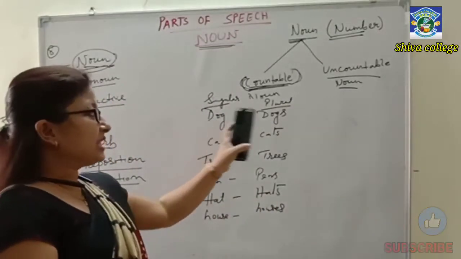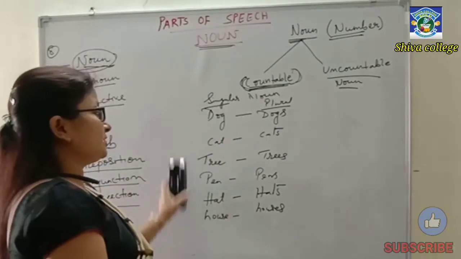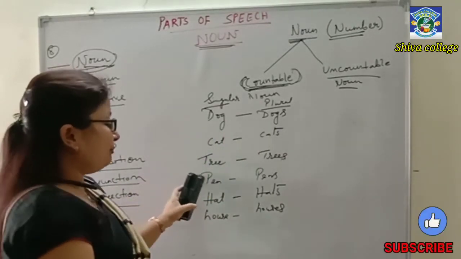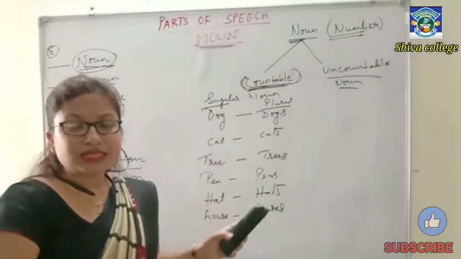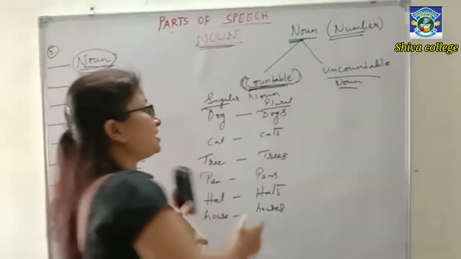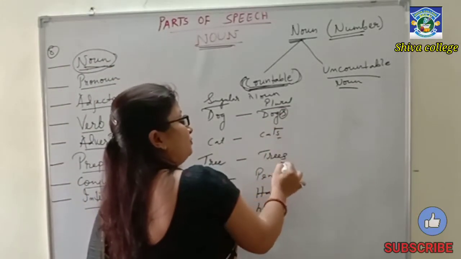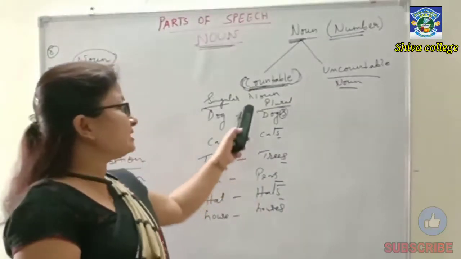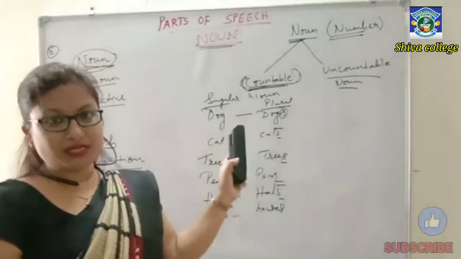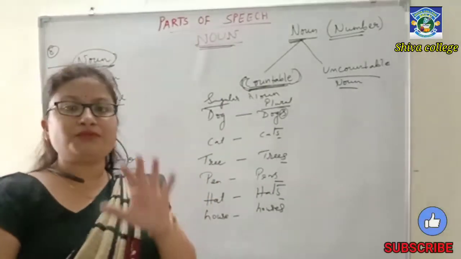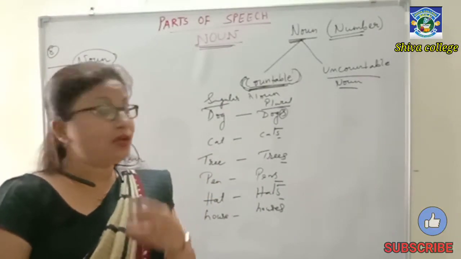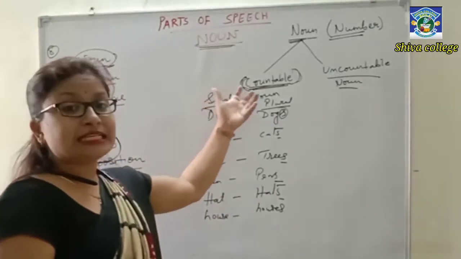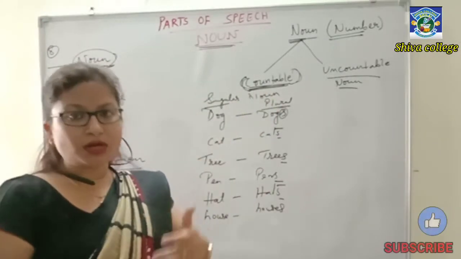So here it is clear that these words dog, cat, tree, pen, hat, house, all these are having its plural form. That means for countable nouns we have seen that if any word has its plural form, that comes under countable noun. So this is the first thing you should keep in your mind when you see it as under countable noun or uncountable noun.